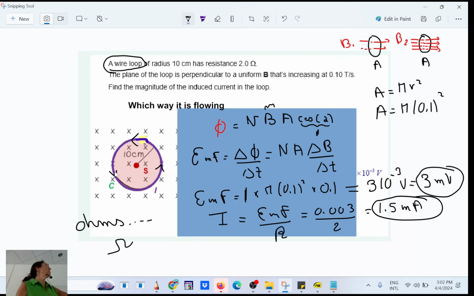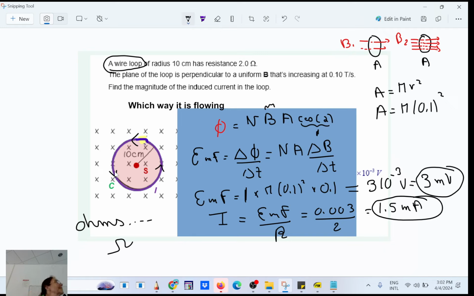As long as the magnetic field is increasing, you're going to have an induced current that wants to oppose its creator. If the magnetic field is decreasing, it's going to flow in the opposite direction. So if you take a magnet and move it in and out, the current is going to flow in one direction, then the other direction. That's why we get AC.